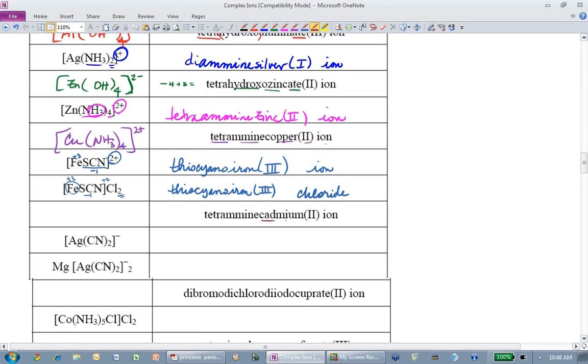Cadmium, a new metal. And the charge on that cadmium is a +2. So CD, inside my bracket, open a paren for the tetraamine, so NH4 4 times, oh, NH3, sorry, got ahead of myself with my subscripts. All right, now that means this is a 2+ because the amine is neutral ligand.